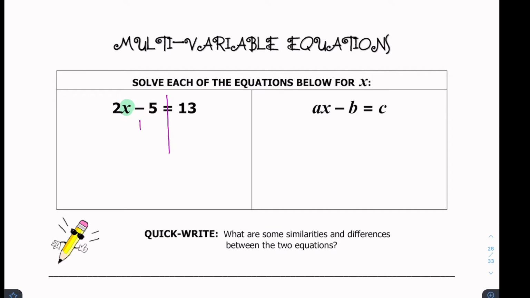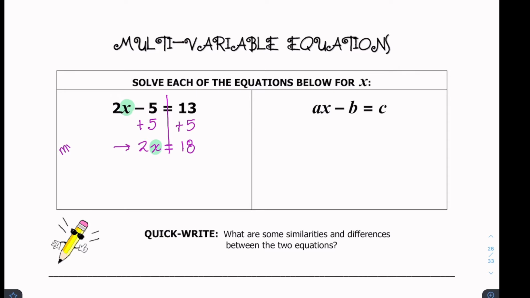So here I'm going to add 5 to both sides. Why am I adding 5? Well, because the problem starts with subtraction. So what I end up with is 2x equals 18. Remember, I'm trying to keep this x here. We need to look, and I want you to write this in.